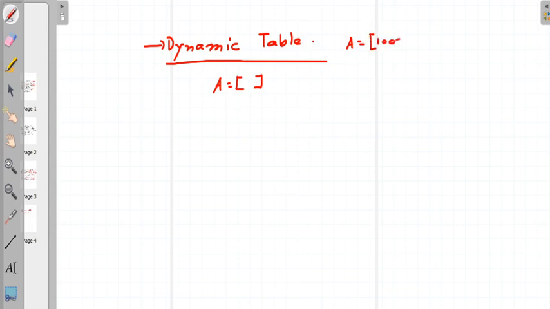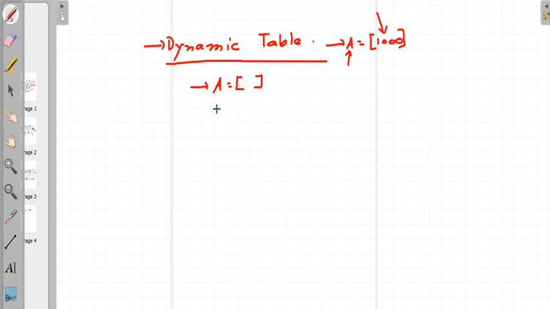If a priori you are assigning this much memory for this array A, that is the problem we are solving in this dynamic table. We don't know a priori how many elements will be coming, whether it is 1000 or 2000, so you start having it dynamically allocated.